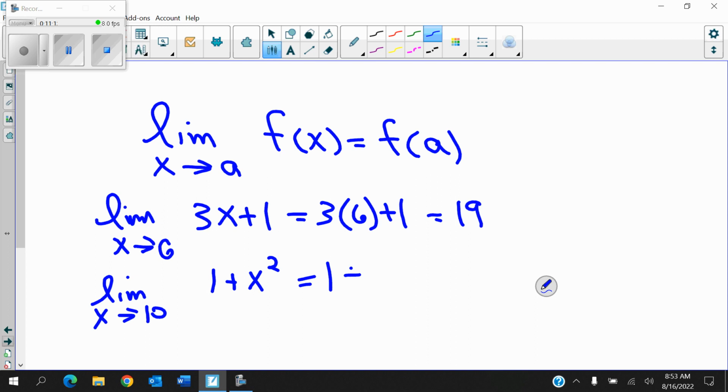It's 1 plus 10 squared, or 101 Dalmatians. So limits get a little more involved, but we go with simple limits here because I'm kind of simple-minded. Questions? Moving on.